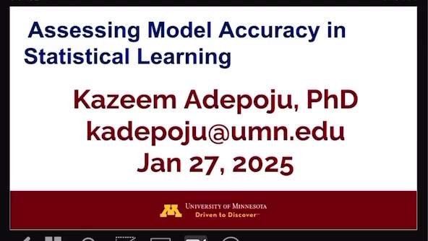Okay, so when we have a model specification, we want a way to estimate the deterministic part of the model, which we call the function. How are we going to know whether we've done a great job or not is what we want to do today, which we call assessing model accuracy in statistical learning.